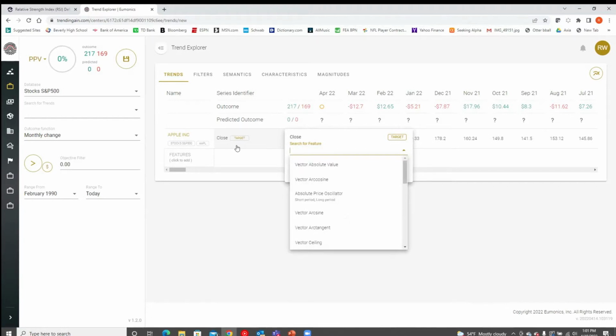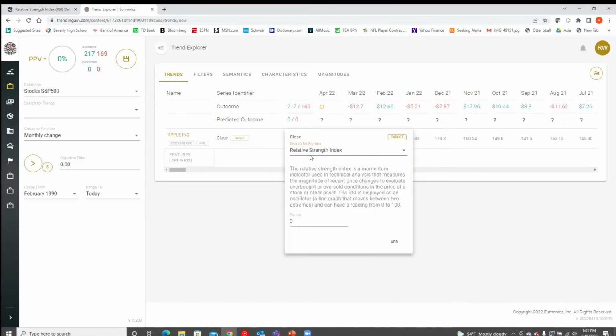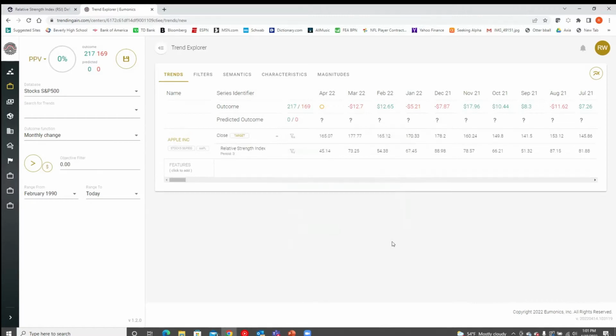We have over 100 feature functions in here predefined, and you can also define your own feature function. But the one I want is already here. So I'm just going to pick the relative strength index, and add it to my trend screen. And now I can test my hypothesis. That's all I have to do.